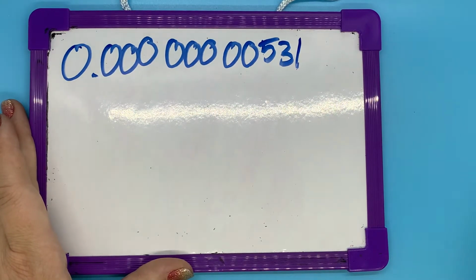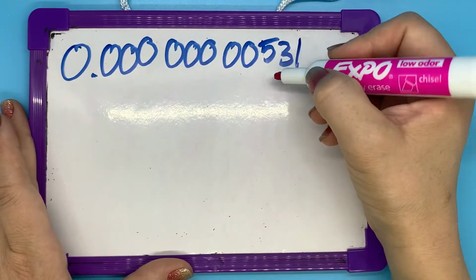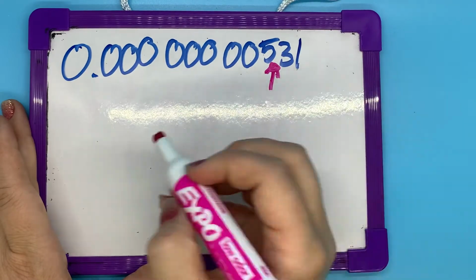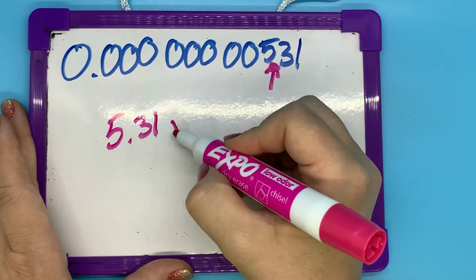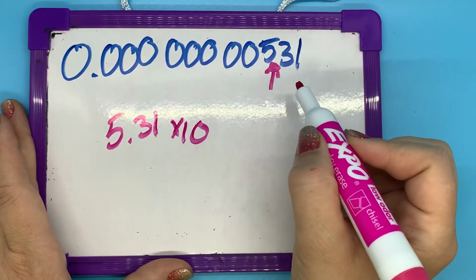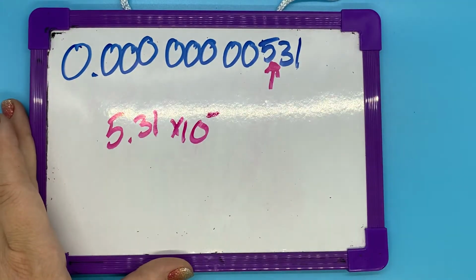Find out where you're going to put that decimal that makes a number between 1 and 10. So in this case, our number between 1 and 10 is going to be 5.31 times your 10. Now it is going smaller instead of larger. So we have a very small number, and we automatically know it's going to be to a negative power.